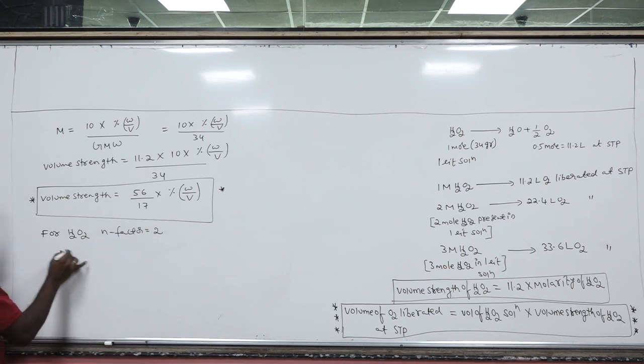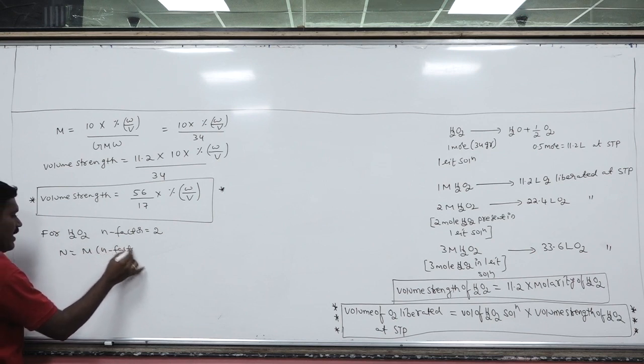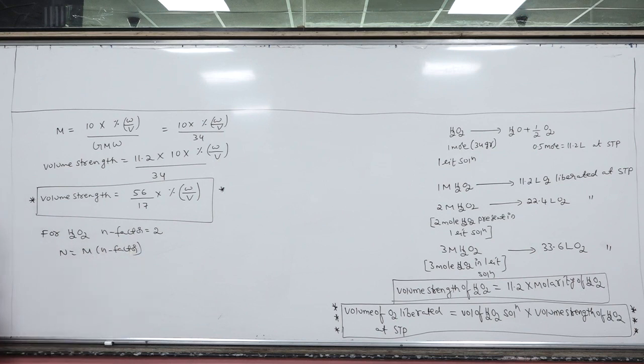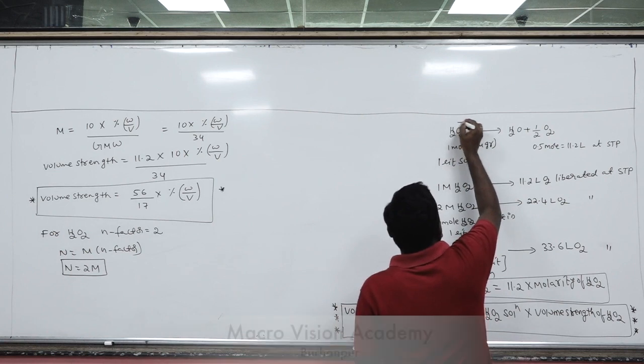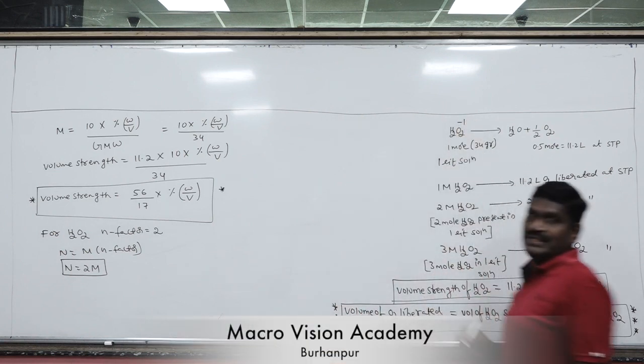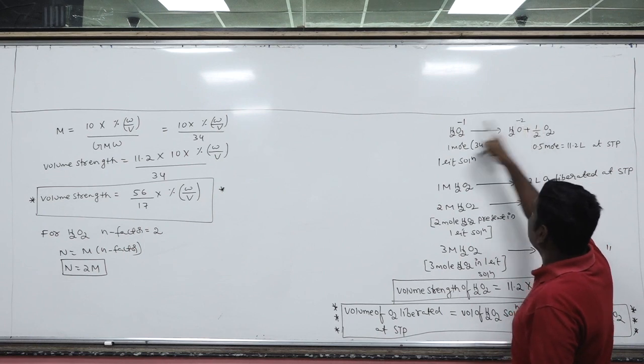So normality is equal to molarity multiplied by what? N factor. Now normality will be 2 times the molarity in the case of hydrogen peroxide. Now if you see, the oxygen oxidation state is -1, because in peroxides the oxygen oxidation state is -1, and -1 goes to -2, so the change is 1.